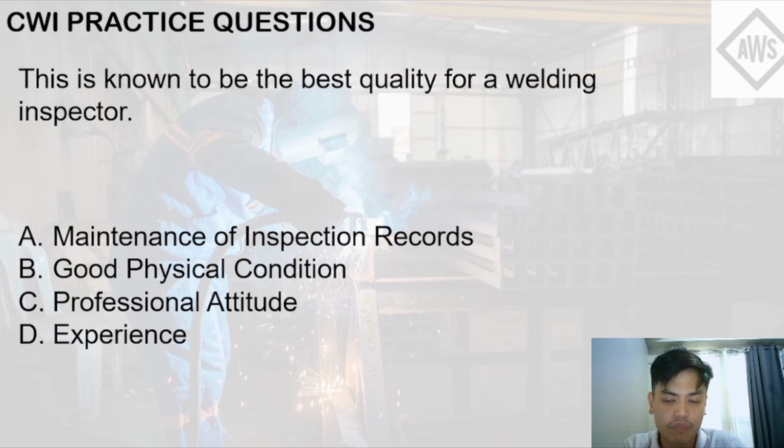Some owners of the plant, for example, need the inspection records for reference in the future. If a similar defect occurs in the plant, they may refer to that inspection record. So it is important for the welding inspector to maintain those inspection records in good condition, so they can be a good reference for similar conditions that will happen.